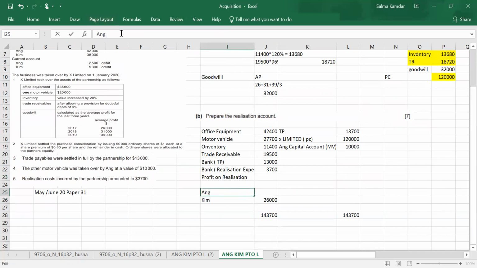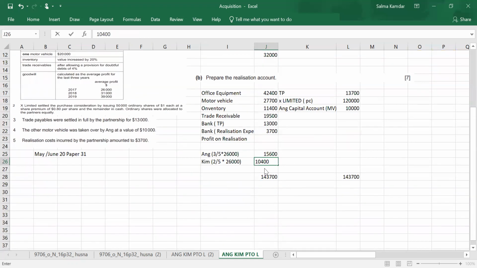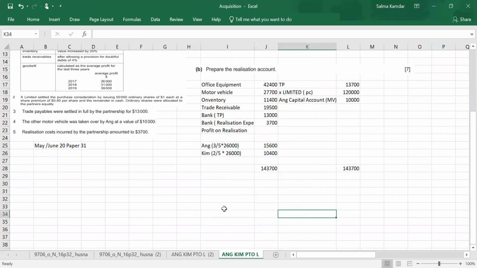So Ang will take 3/5 of 26,000 and Kim will take 2/5 of 26,000. So they are going to take 15,600 and Kim will take 10,400. This will go to the credit side of partner's capital account.